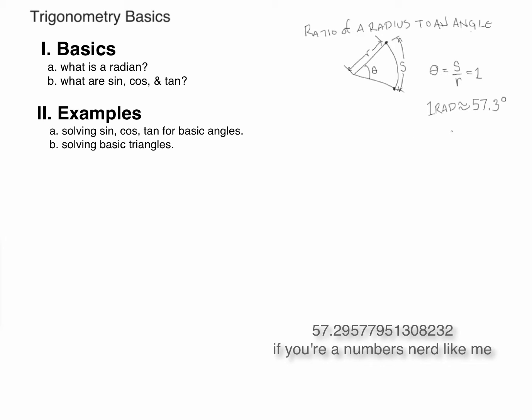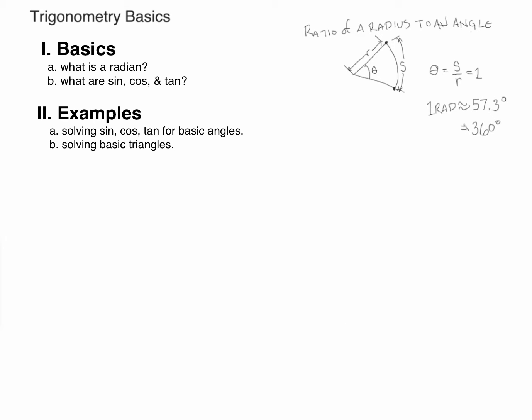So if you think about it, an entire 360 degrees is going to equal roughly what we would call 2 pi radians. And you'll see why, by the way. As a matter of fact, think about it this way.